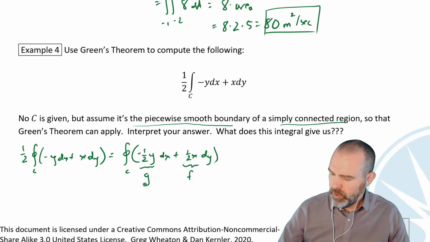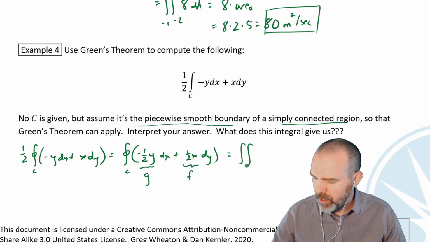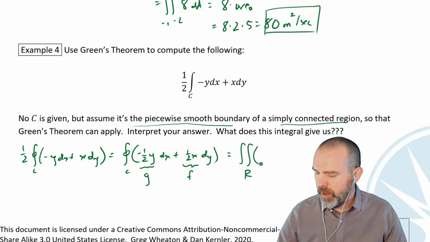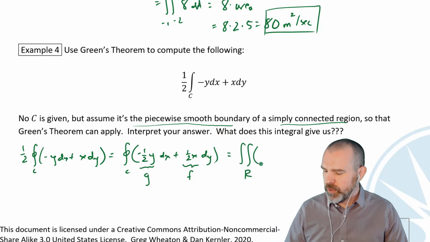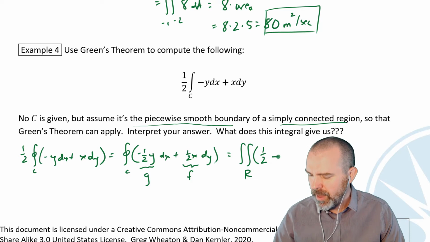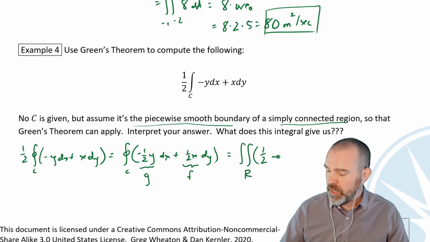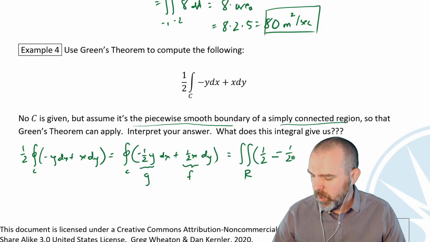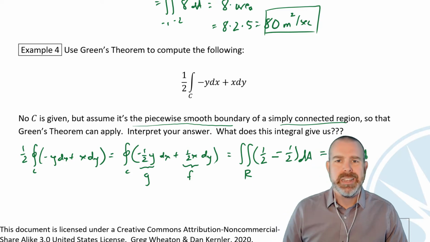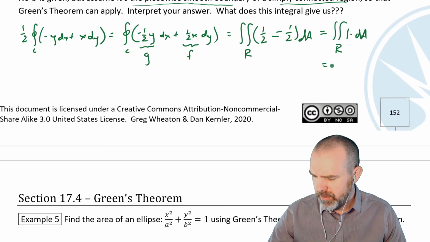Let's see here. So Green's theorem says that should be the double integral over the region of the partial derivative of f with respect to x, that's 1/2, minus the partial derivative of g with respect to y, that's negative 1/2, dA. That's just the double integral of the region, 1 dA. That's just area.